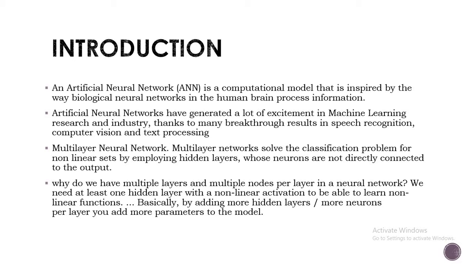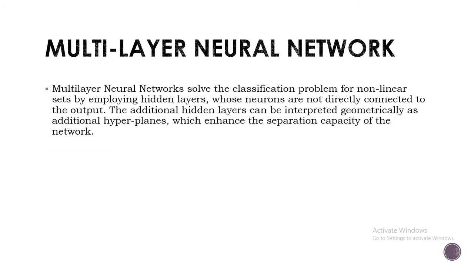Why do we have multiple layers and multiple nodes per layer in a neural network? We need at least one hidden layer with nonlinear activation to be able to learn nonlinear functions. Basically, by adding more hidden layers or more neurons per layer, we can add more parameters to the model.